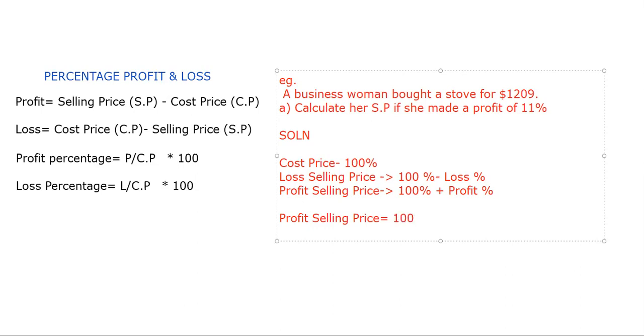Add her profit percentage, which they said is 11%, to get 111%. So we know that she made 111% as her selling price. So let's work this out.